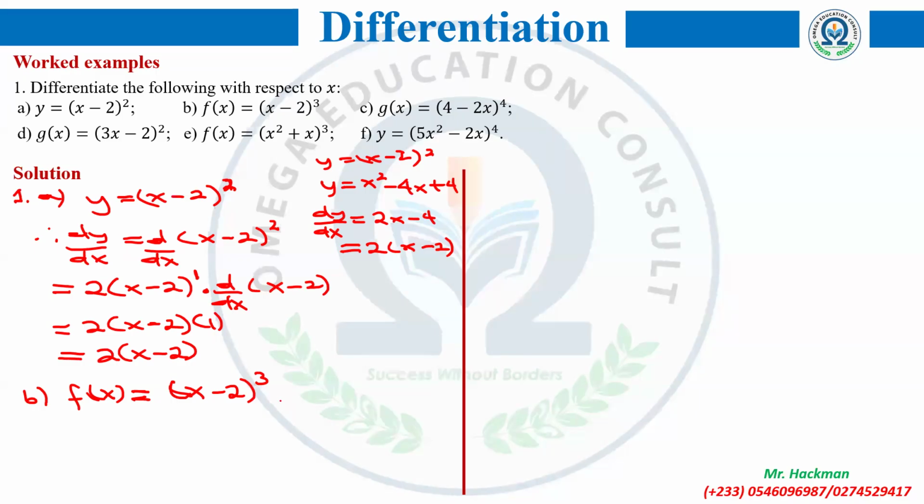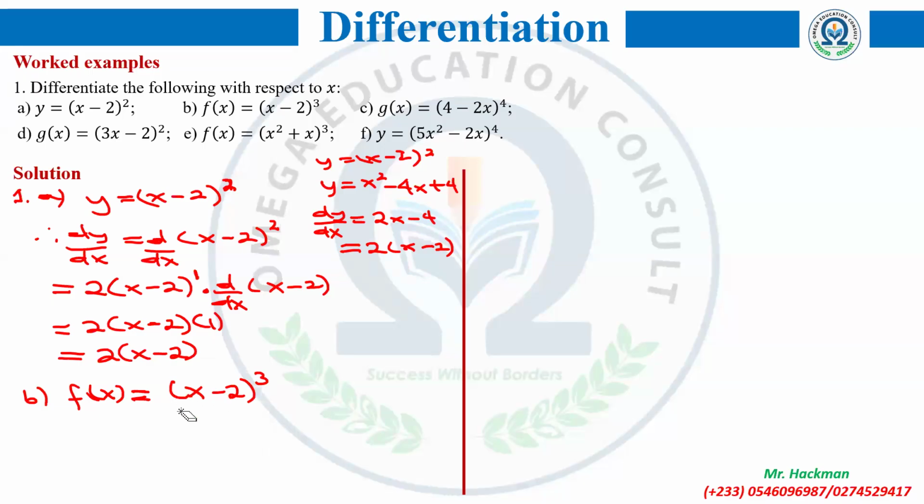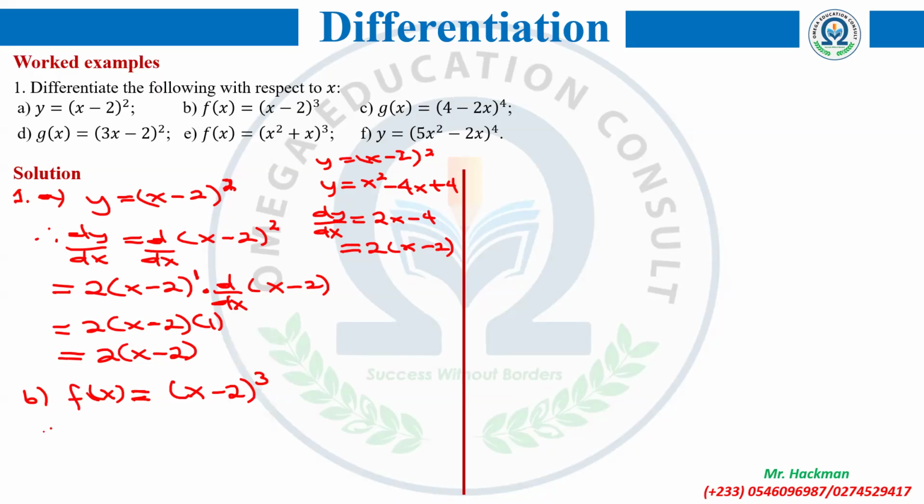None of the questions there would you see me expand. Otherwise, I wouldn't be able to use that rule. So I'm taking d/dx of this side, d/dx of this side. But I know that d/dx of that side here will give me f prime of x. Do you agree? Yes, please.